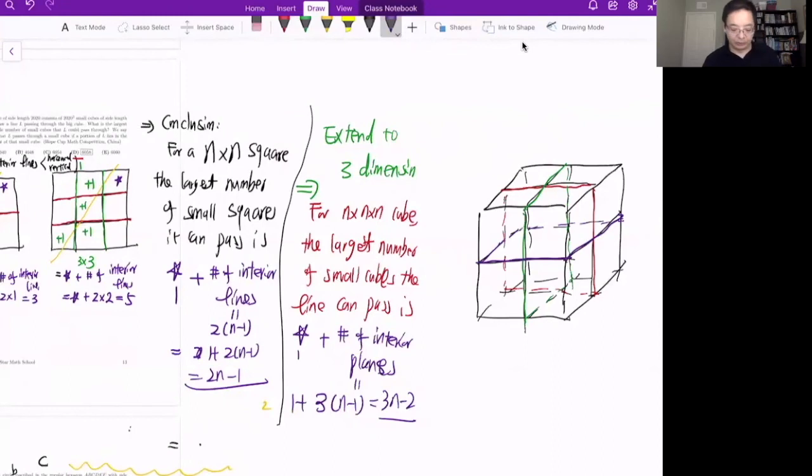So we start from here, this small cube, as we did for the 2D starting point. Here we have 1, 2, and 3 interior planes, and we are going to pass through all of them.